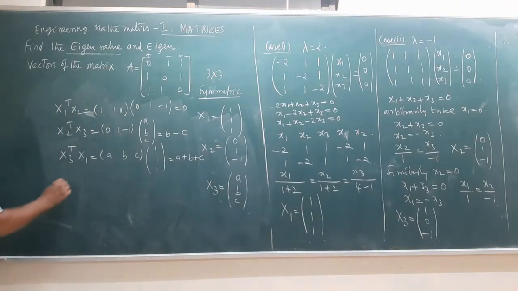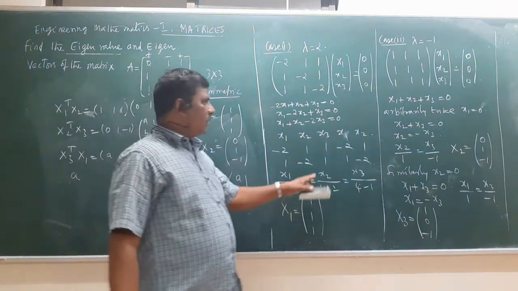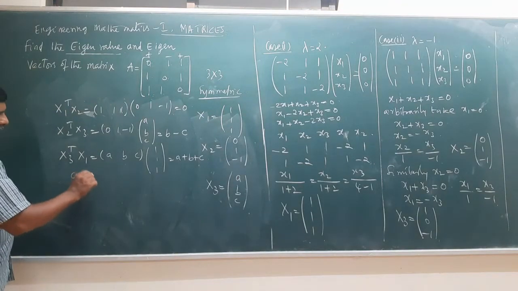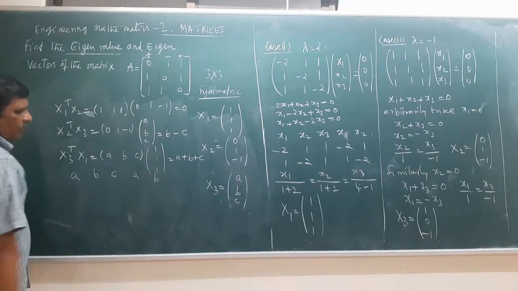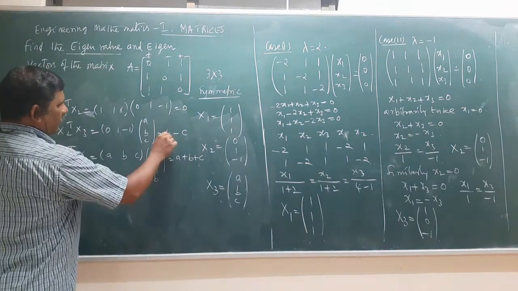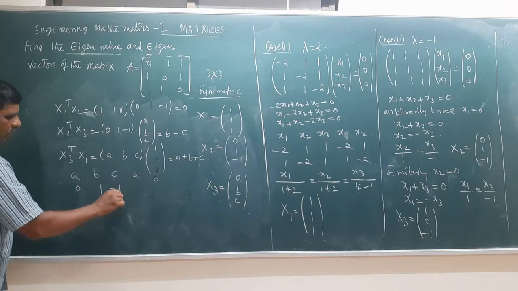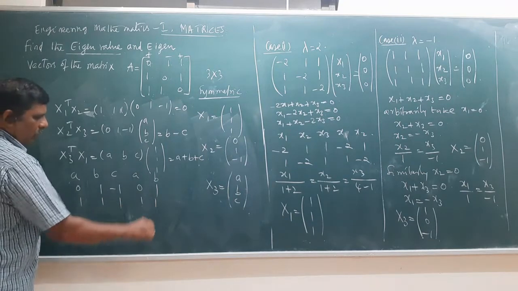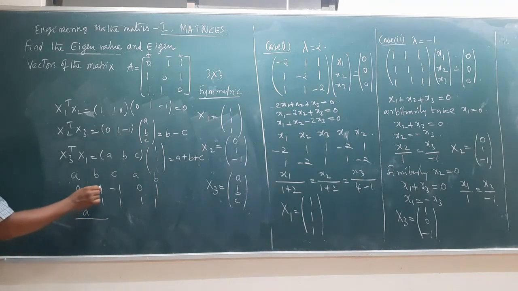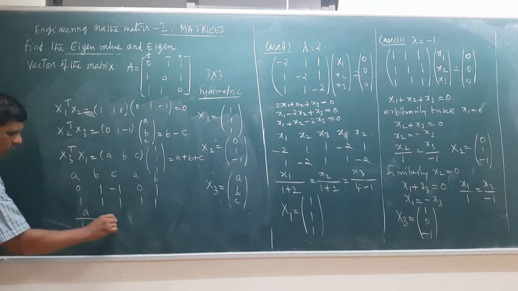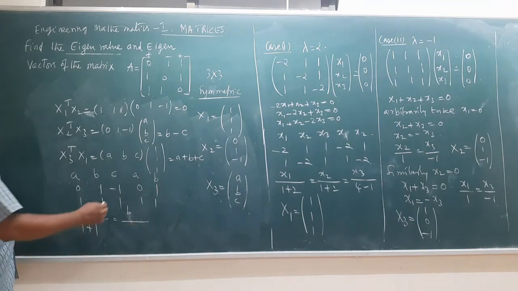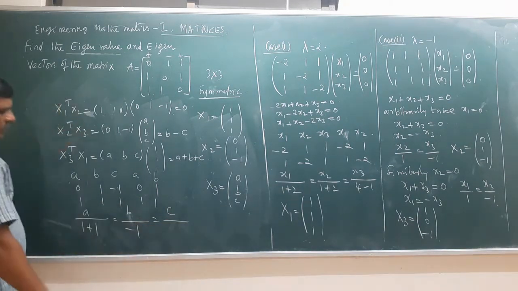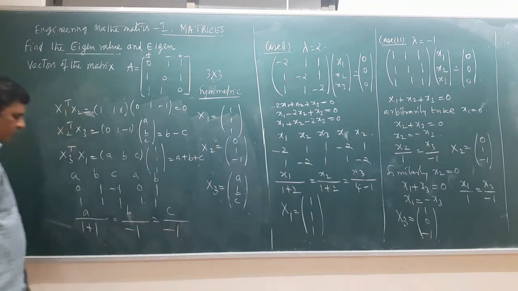So how do we find that? It is the same cross-product method. Write the rows A, B, C, A, B. For the first one, 0, 1, minus 1, 0, 1, and then 1, 1, 1, 1, 1. So what is A here? A is 1 plus 1, B is minus 1, C is minus 2.